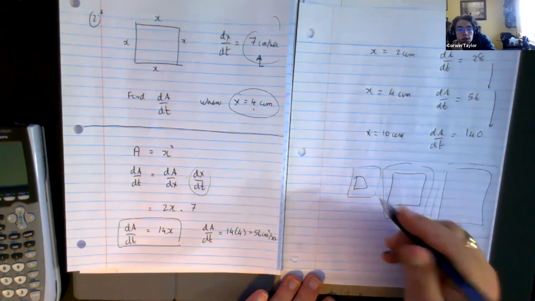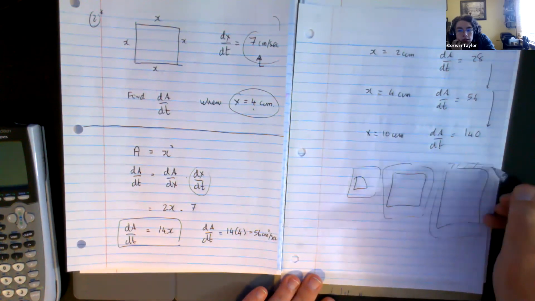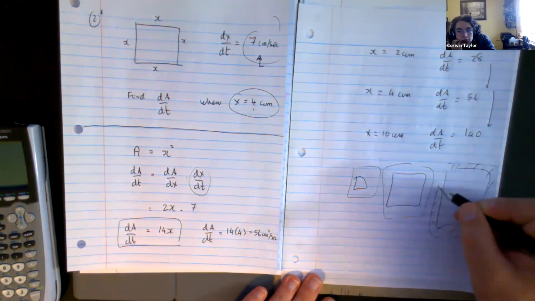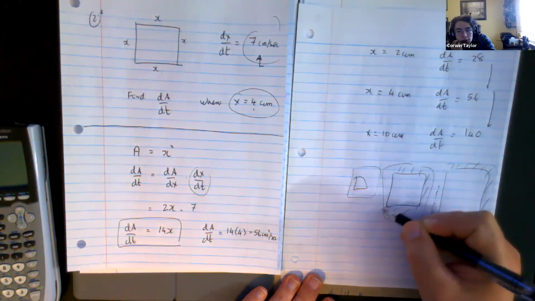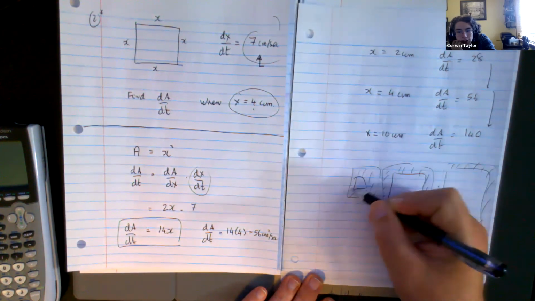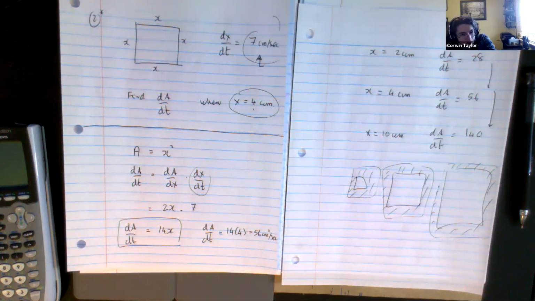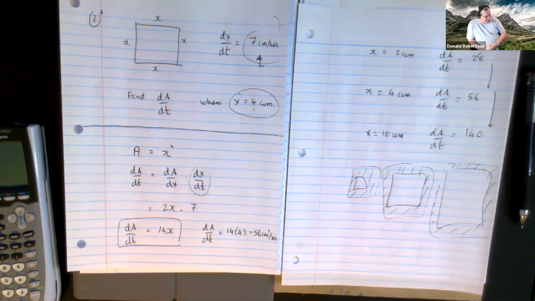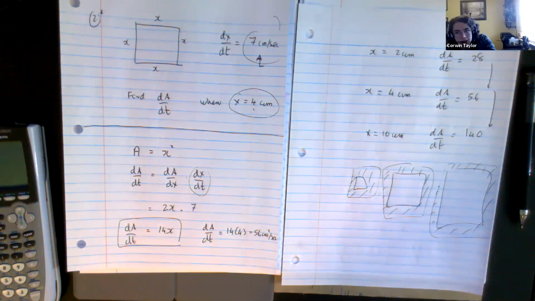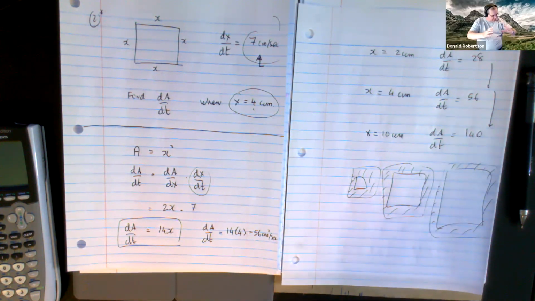The area is dictated by the sides squared. So if you have the sides increasing at a fixed rate, then a small square getting bigger doesn't increase by that much area.